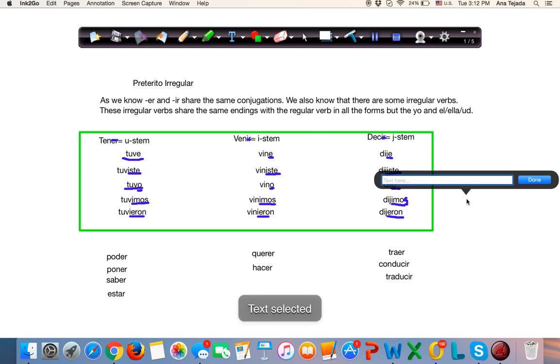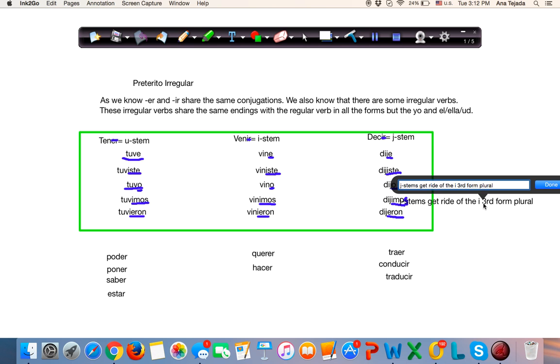Okay, so quick note here. When we have J stems, that's what we call it, you get rid of the I in the third form of plural.